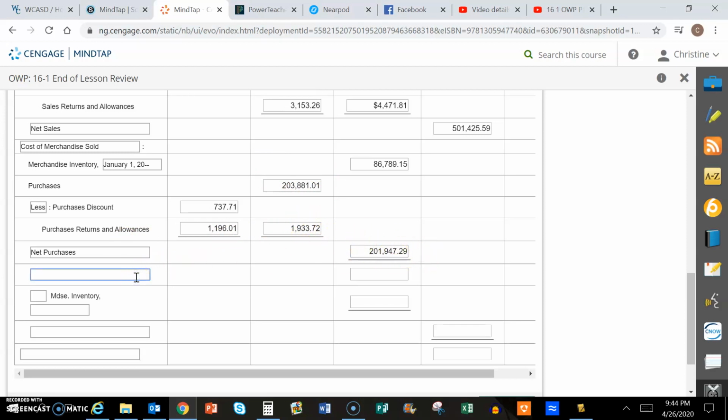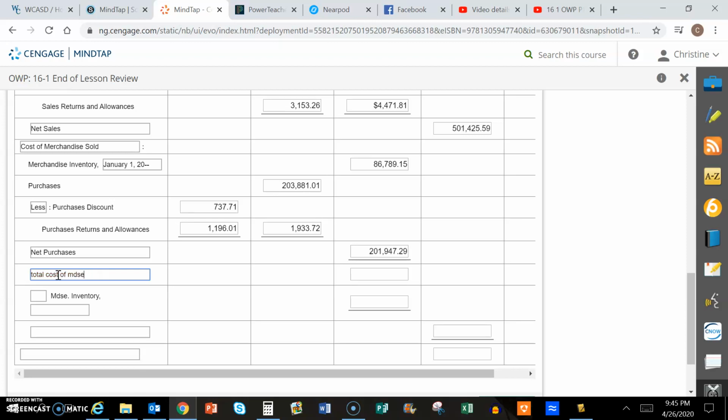Then we have the total that you have available for sale. Because you had some to start with, then you bought more. So what's the total that you have for sale? So you're doing total costs, and we're going to abbreviate this, I believe, because I don't think it fits.